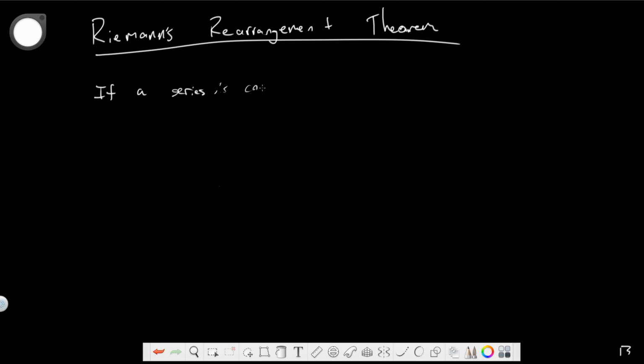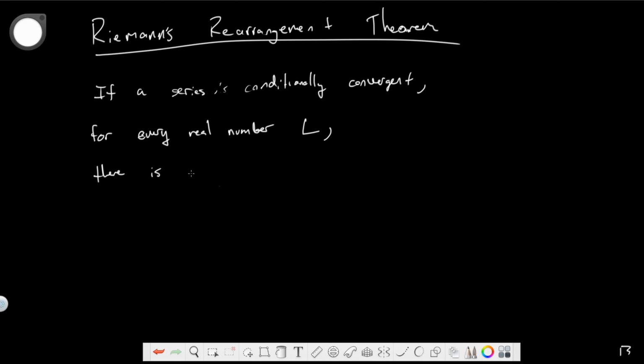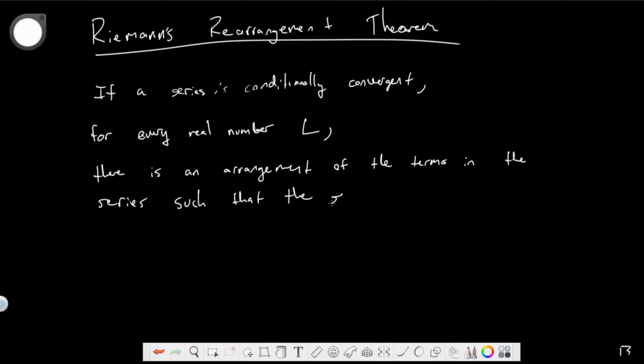If a series is conditionally convergent, then for every real number L, there is an arrangement of the terms in the series such that the series converges to L. What does that mean?